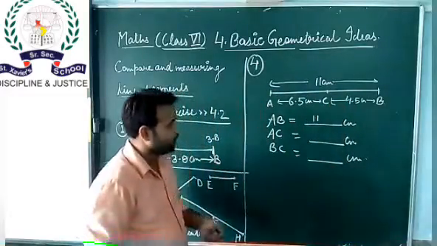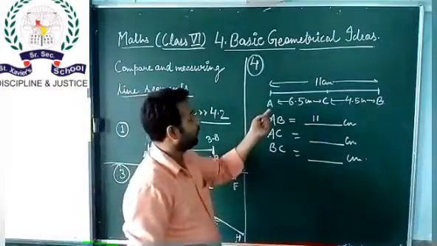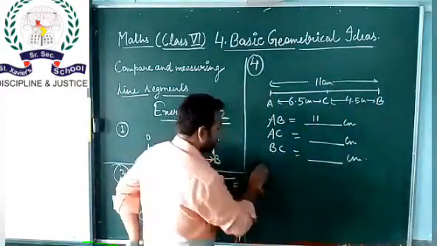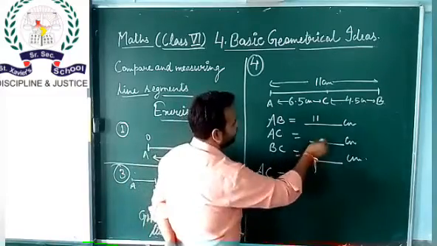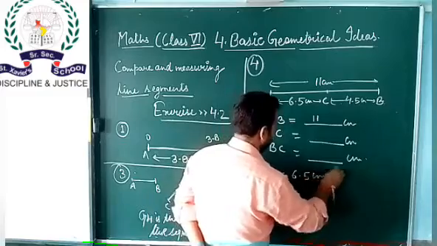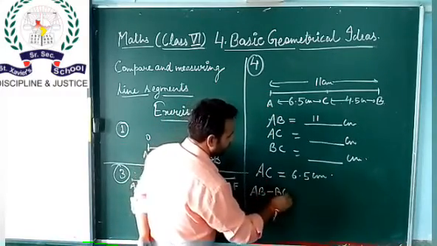Then what is given? You have to verify AC is equal to AB minus BC. Right here, we know that the length of AC is 6.5 centimeter. And then you have to check AB minus BC also.